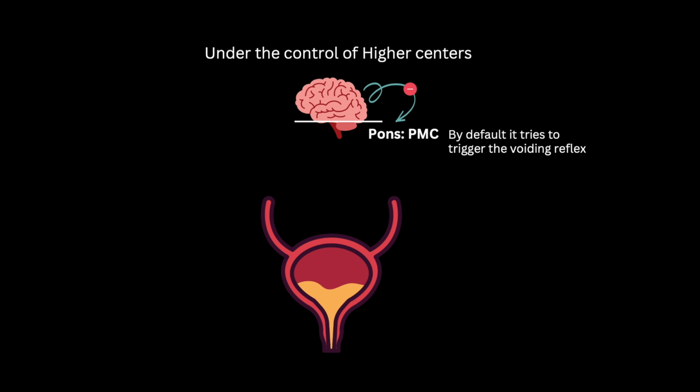And by default, they are inhibitory. So, whenever our suprapontine region or the cortex of the brain receive that this is an adequate place, an adequate time to void, then only the inhibitory control over the pontine micturition center is taken off and the entire cascade of voiding starts. Now let's see how all this understanding helps us understand the diseases of lower urinary tract.